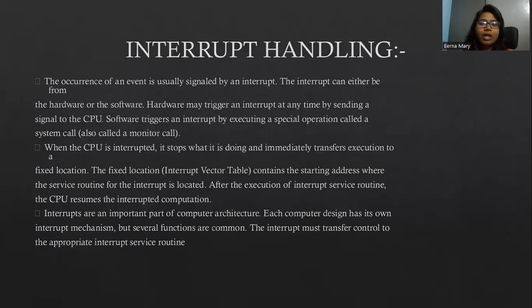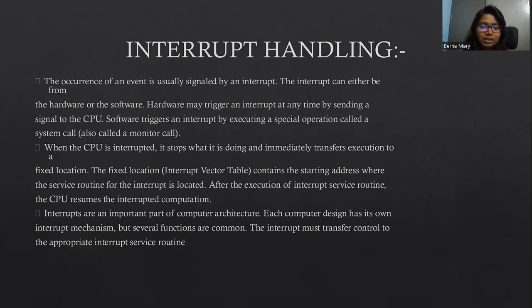Interrupt handling. The occurrence of an event is usually signaled by an interrupt. The interrupt can come from either the hardware or the software. Hardware may trigger an interrupt at any time by sending a signal to the CPU. Software triggers an interrupt by executing a special operation called a system call, also called a monitor call.